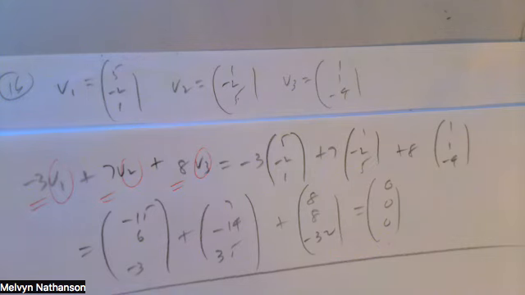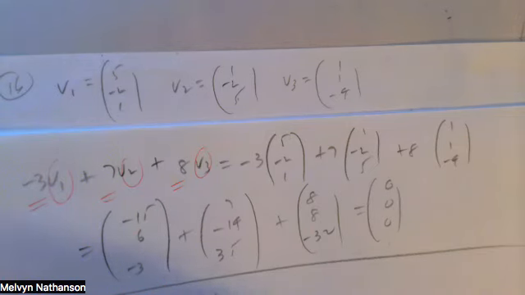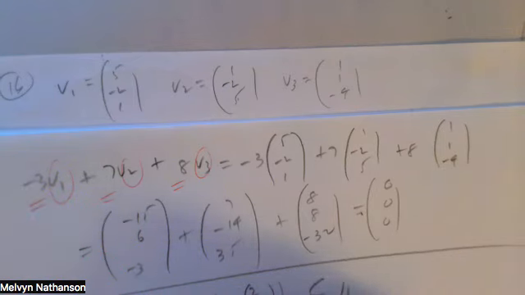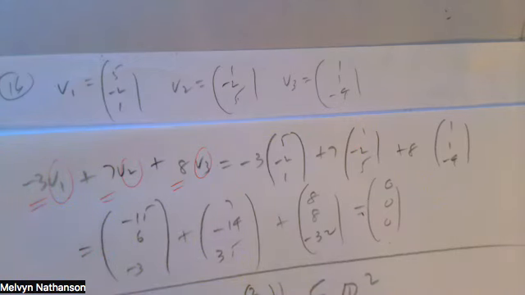Problem 3, we take a set of vectors S consisting of 1, 1, 1, 2, 2, 1. So this is a set of vectors in R2. Now we know that the dimension of R2 is 2.